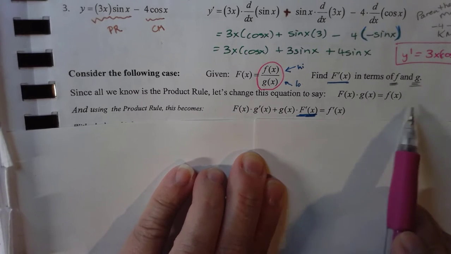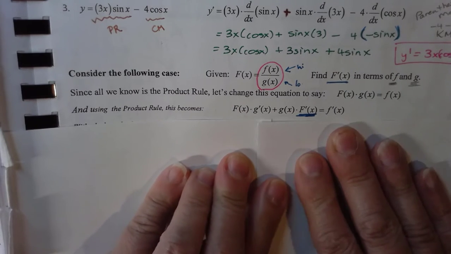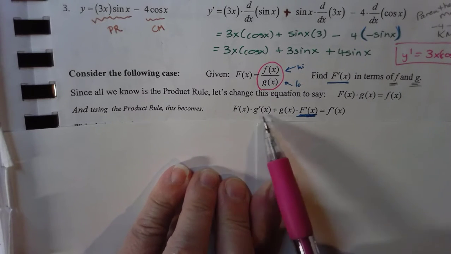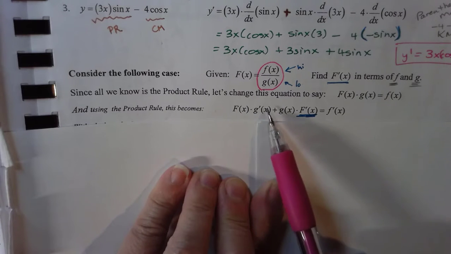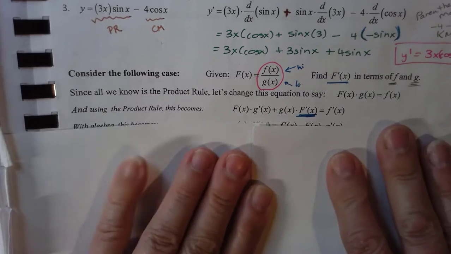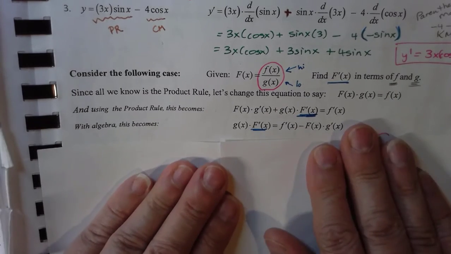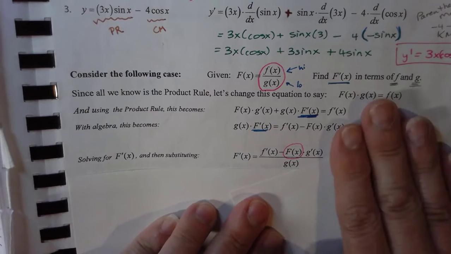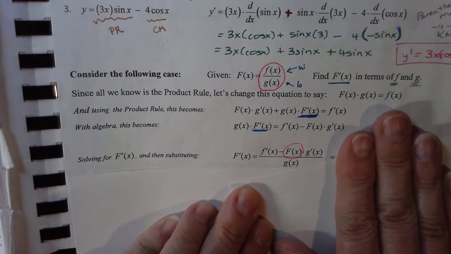I took the derivative of the whole equation. Now we want to solve for cap F prime of x. So if we think about our algebra, all we've got to do is subtract big F of x times g prime of x, move it over here, and then divide by g of x. So there's our subtraction step, and there's our division step.